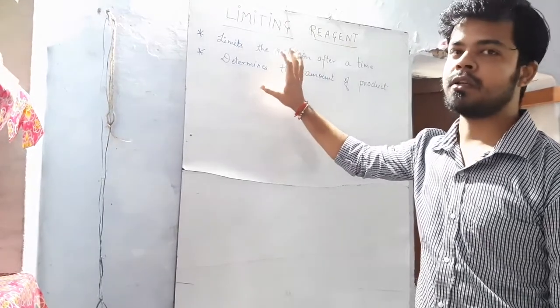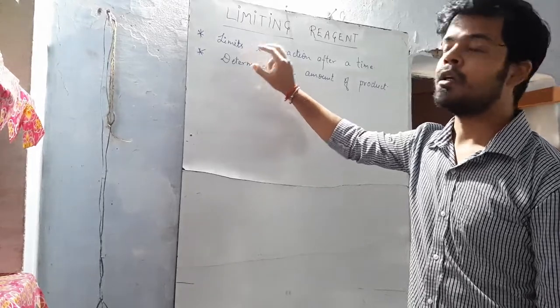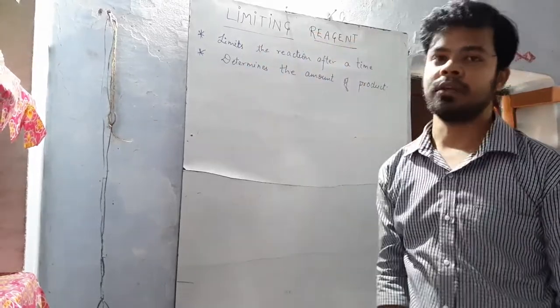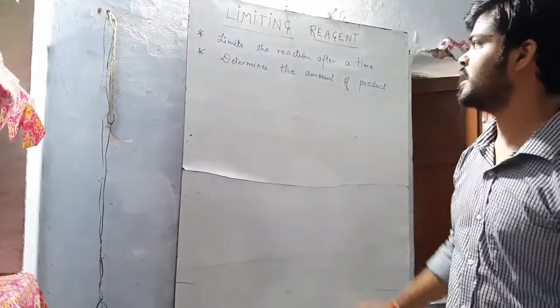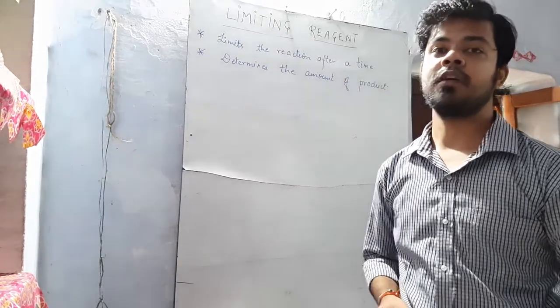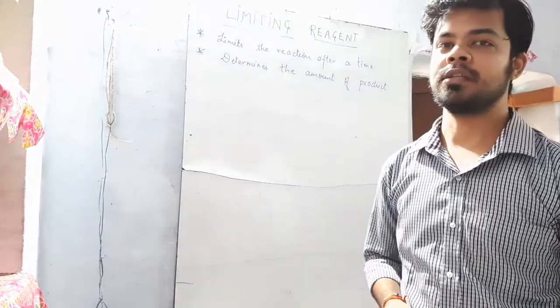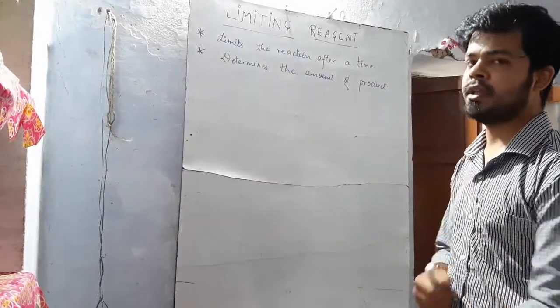After a certain interval of time, it will be responsible for the stopping of the reaction. And it determines the amount of product formed in a reaction. So now let's understand the concept of a limiting reagent.